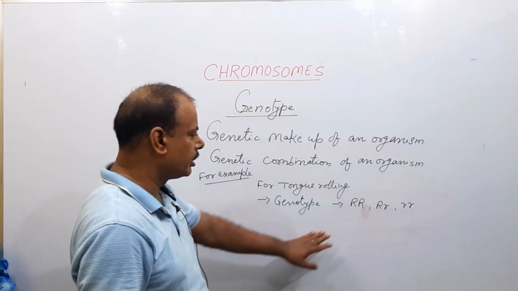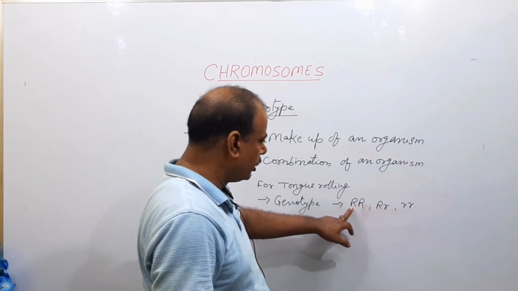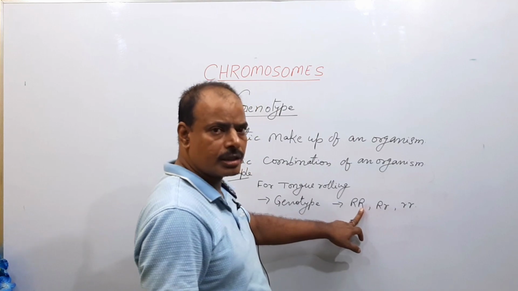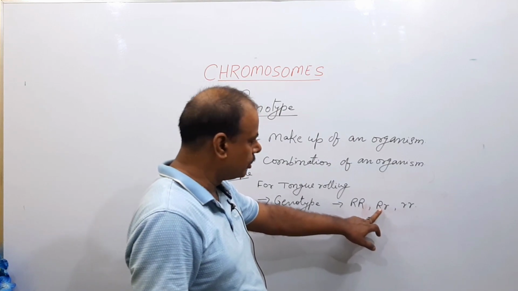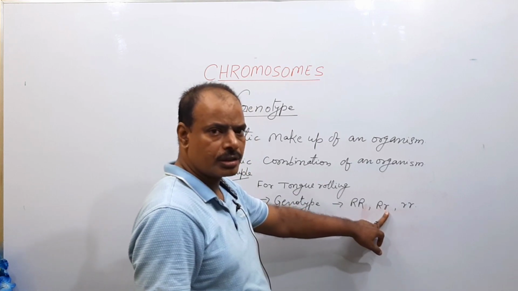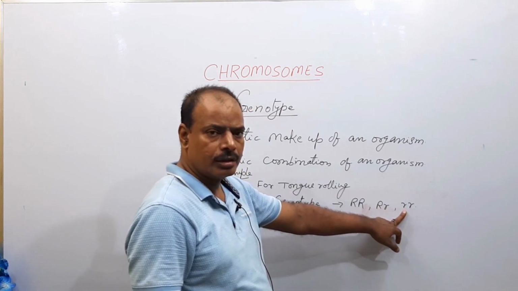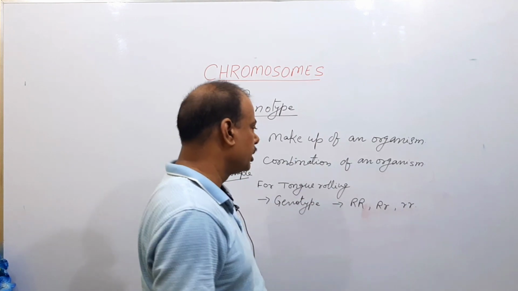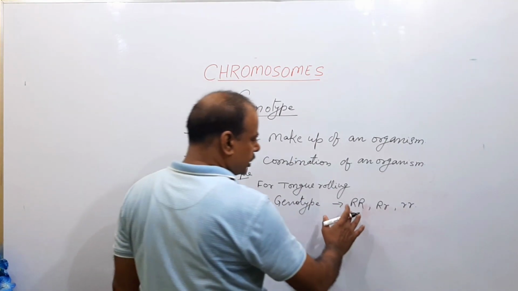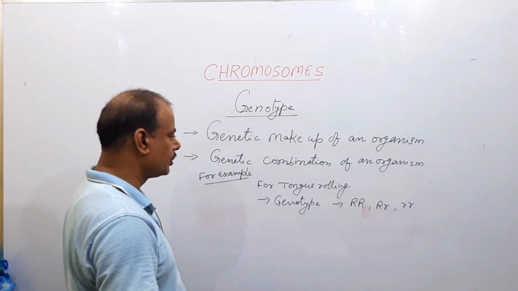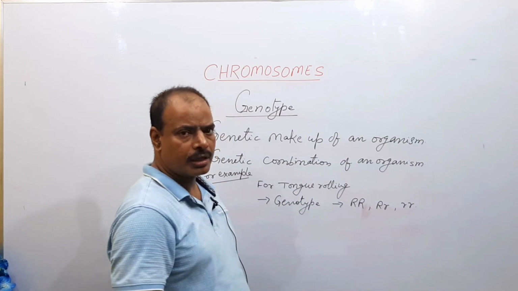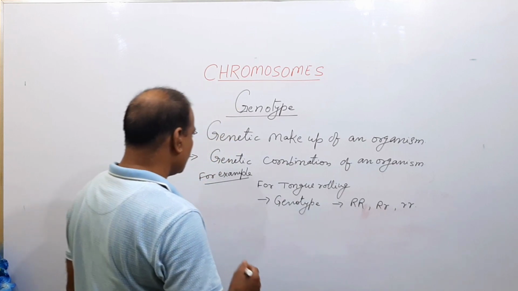So these are the three conditions. Here both the alleles are superruling. In the second case, one is superruling, second one is subordinate, and in third, both are subordinate alleles or genes, and therefore the set of these genes are known as genotype. It is the genetic makeup of an organism.